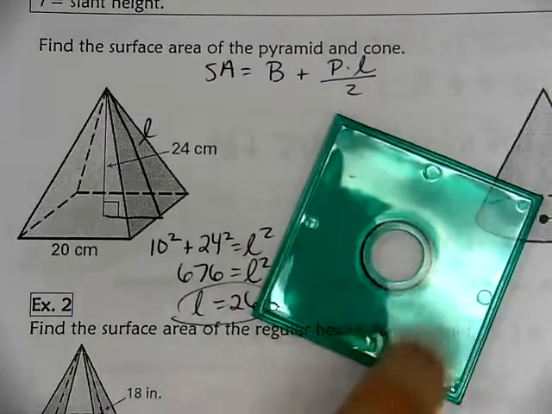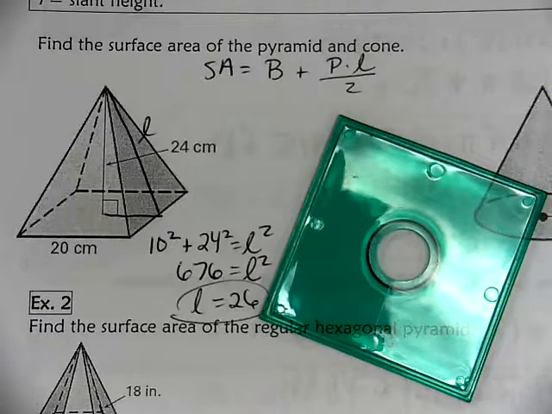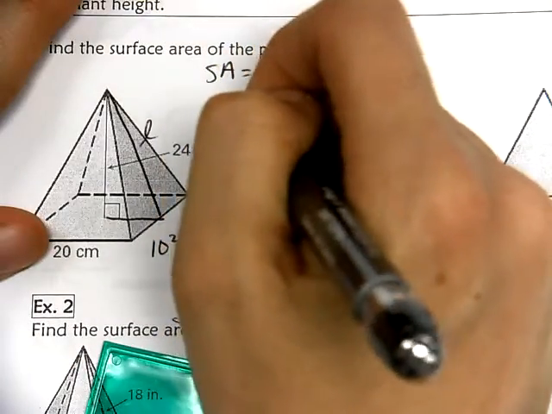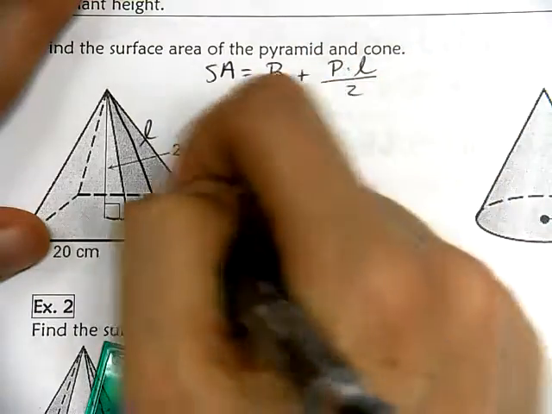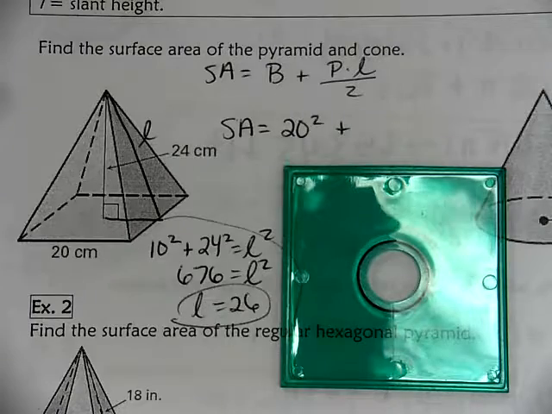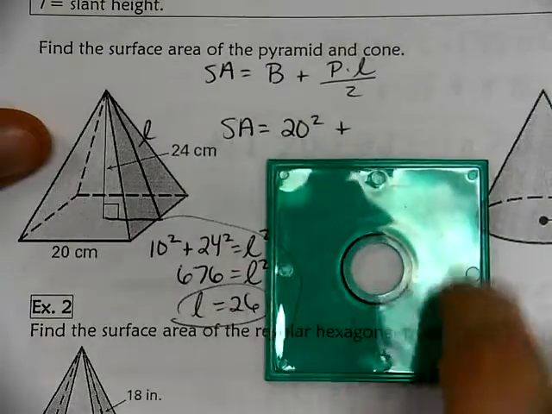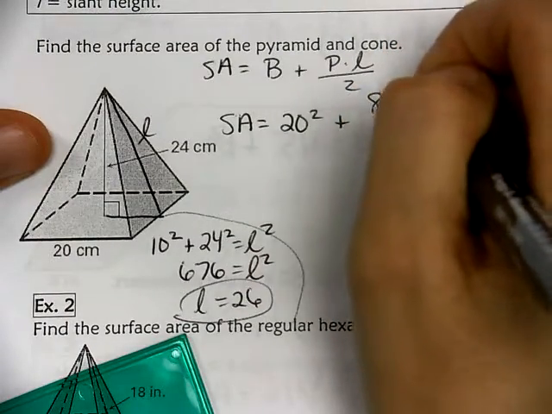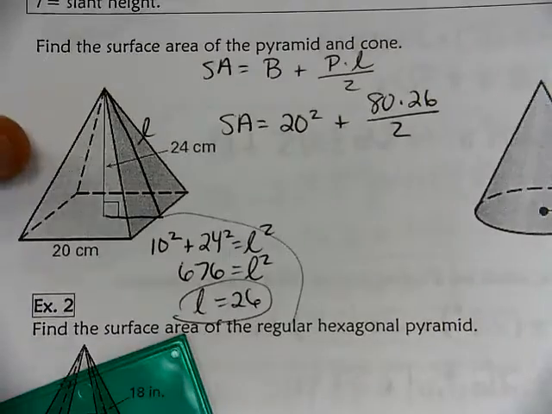How do I find the area of this square? 20 times 20. So surface area is 20 squared plus, what's the perimeter if they're all 20? 80. 20, 20, 20, 20. 80 times 26 divided by 2.